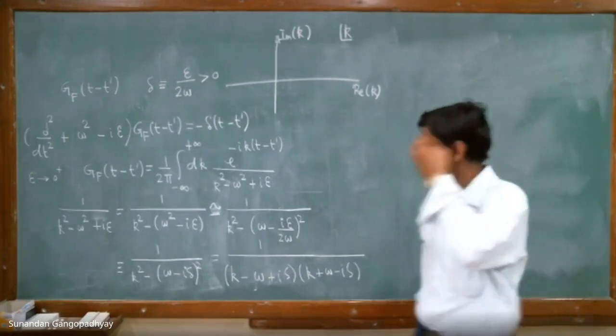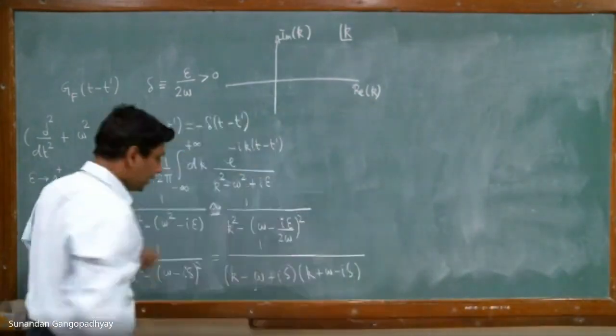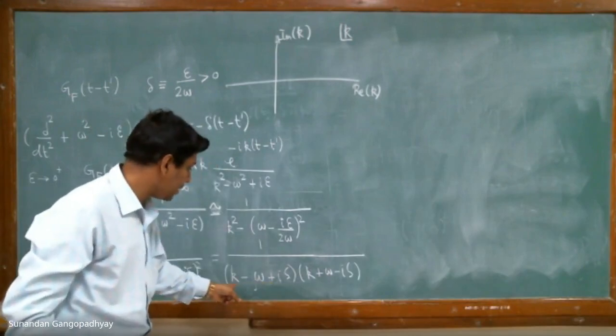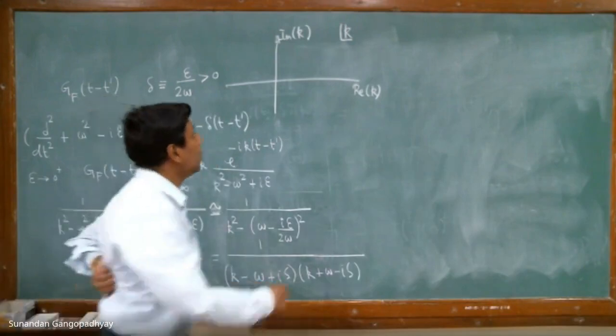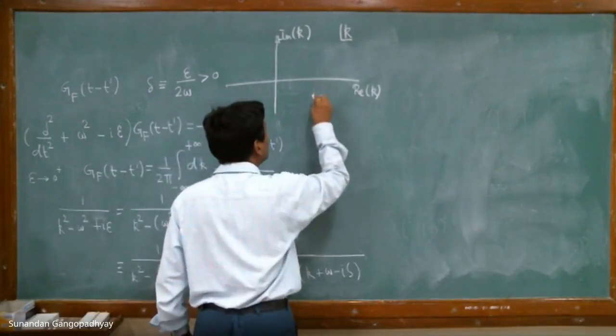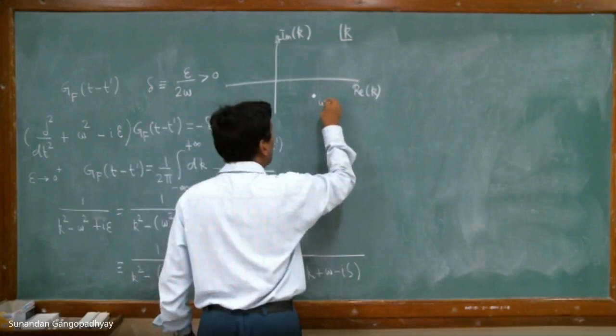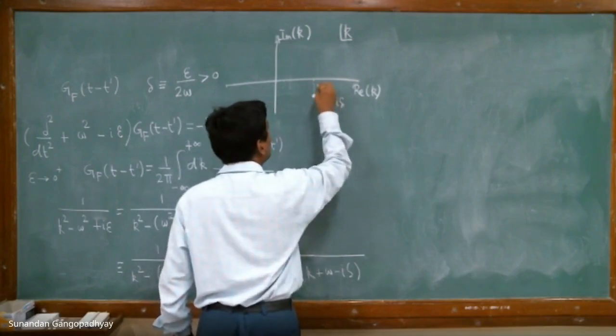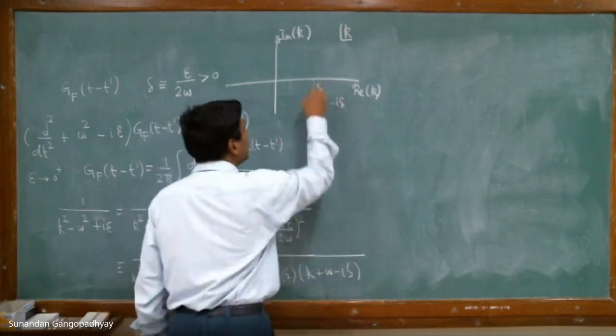Okay, and you can see that the integrand has poles when this factor is 0, when k is equal to omega minus I delta, which means this point. So this point is omega minus I delta. This length is delta.